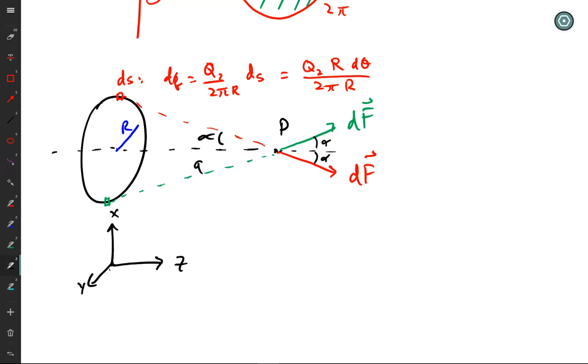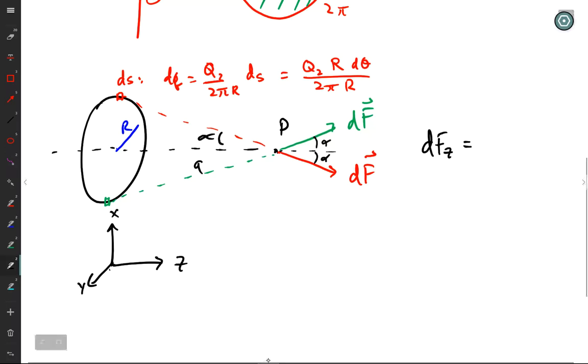By symmetry, we can say 2 of the components come out to 0. Which one doesn't come out to 0? The Z. So all I need to do is find what dFz is. I don't need to find dFx or dFy because by symmetry arguments, I can say dFx and dFy are 0.